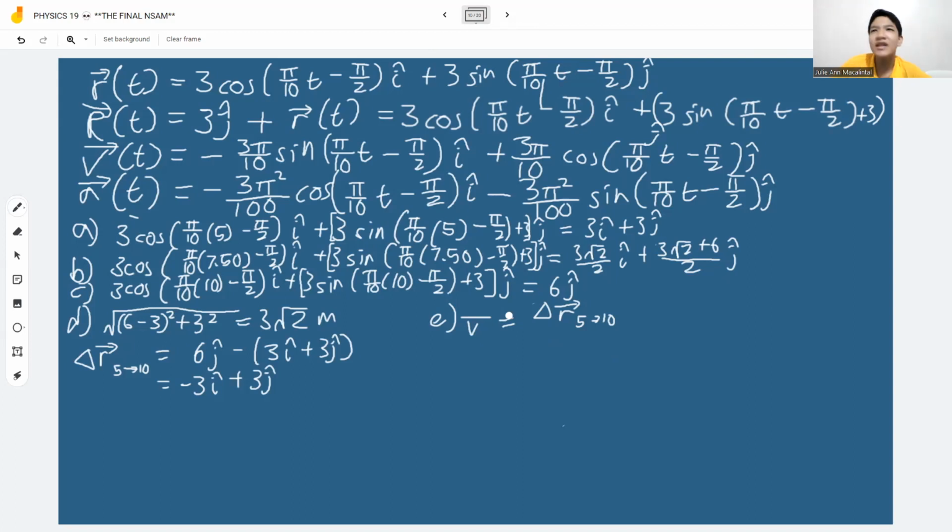Okay. So, delta R from 5 to 10 divided by the time interval, 10 minus 5 seconds.